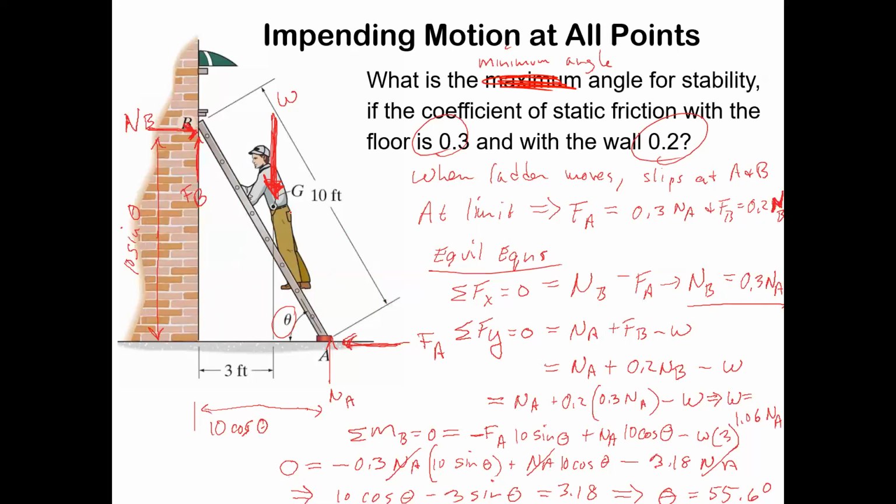If this ladder slips, it's going to happen at B and at A, and we have to write the equations to solve that. It turns out you get an equation involving theta, which is not something you can actually solve analytically, but you can guess and check and find that theta is 55.6 degrees.